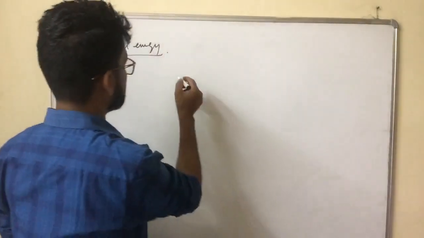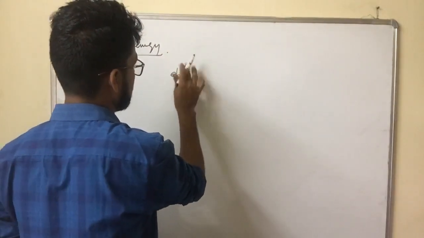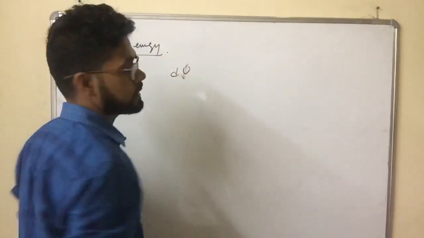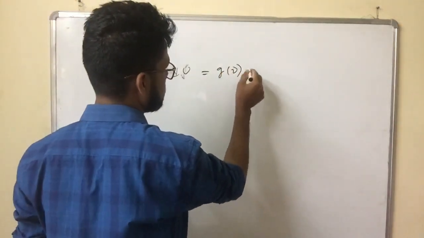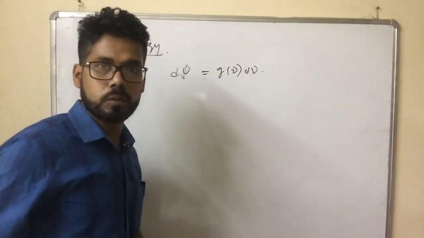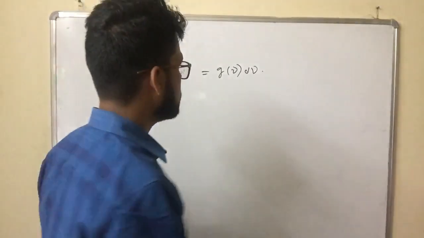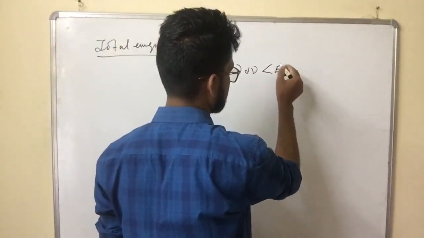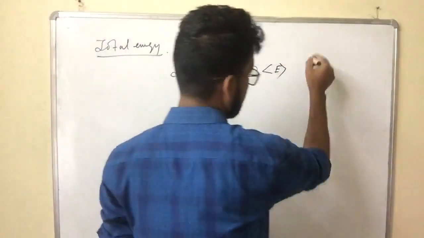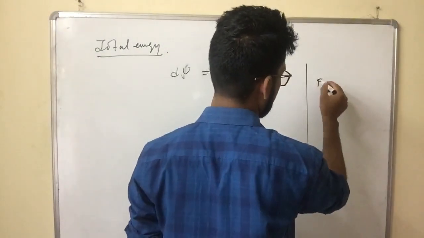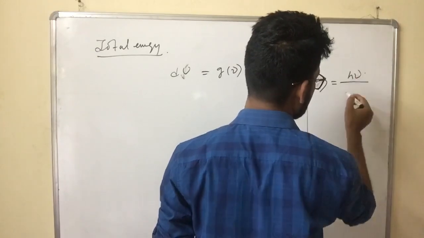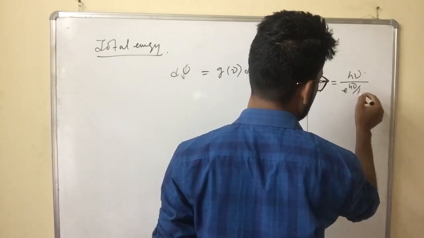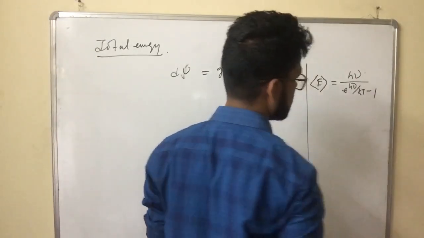So if you want dU, or you can write dU energy, what you have to do? First of all, the density of states you have to multiply by, as I told you, the average energy. I have told you average energy equals how much? hν/(e^(hν/kT) − 1).